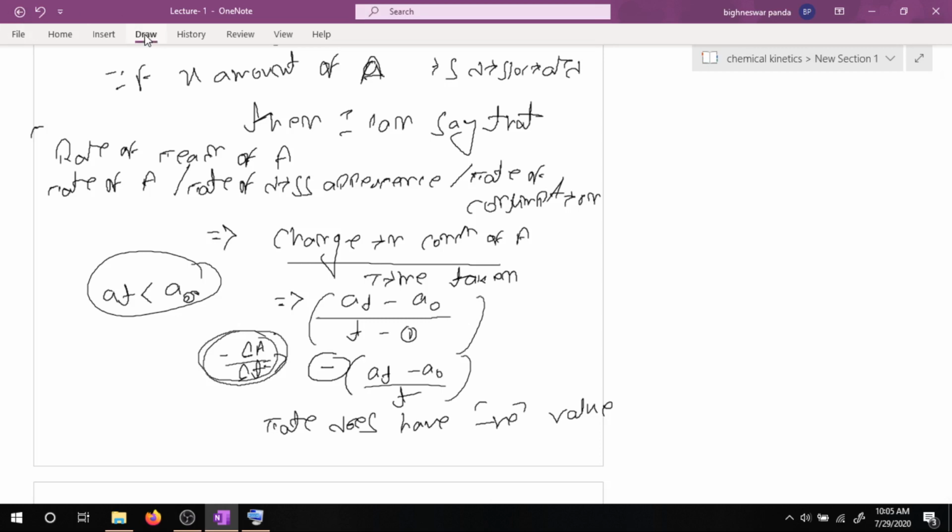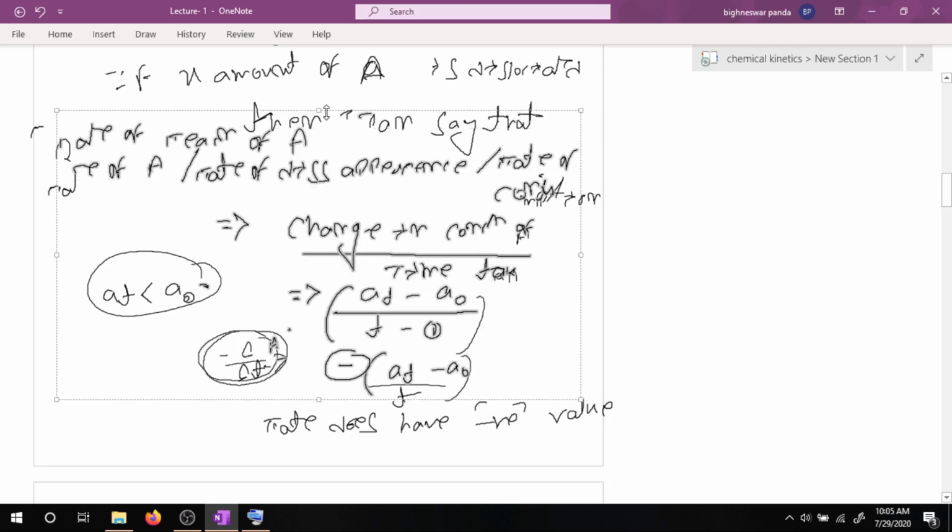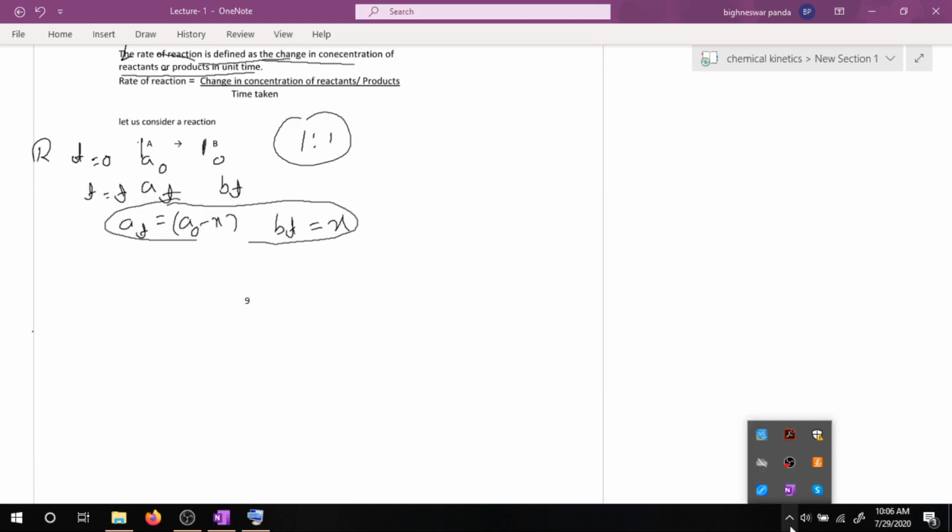So in a similar way, here again the rate of change of concentration of A can be written as minus delta A by delta t.